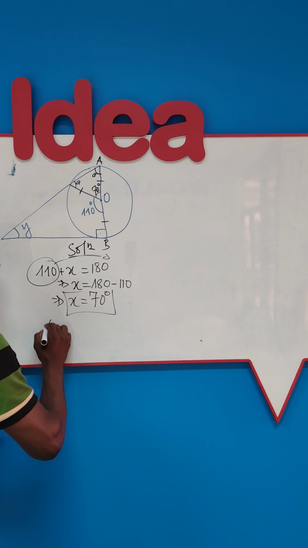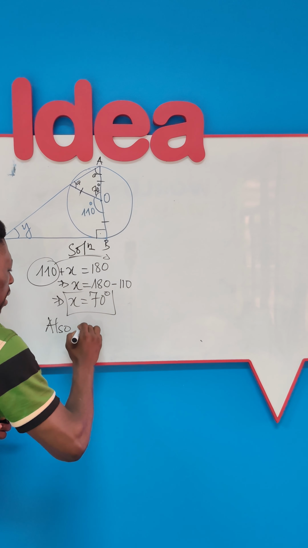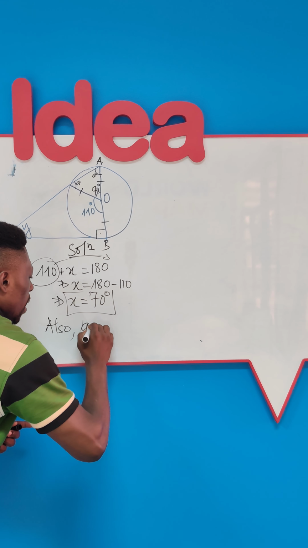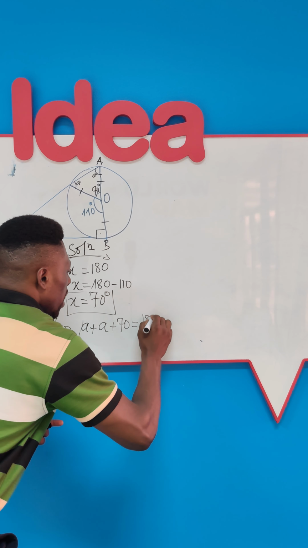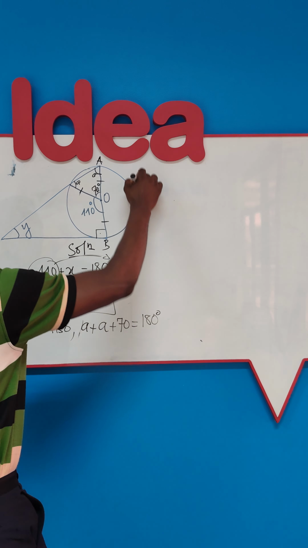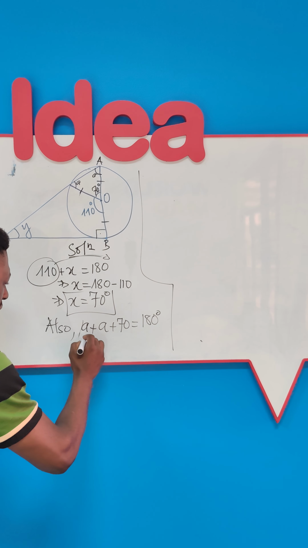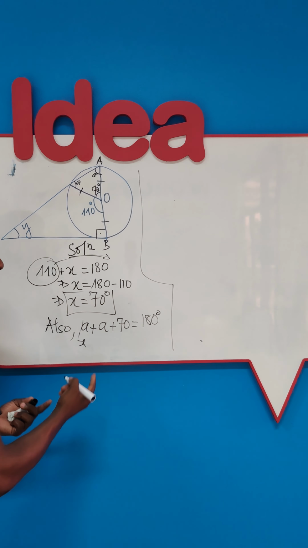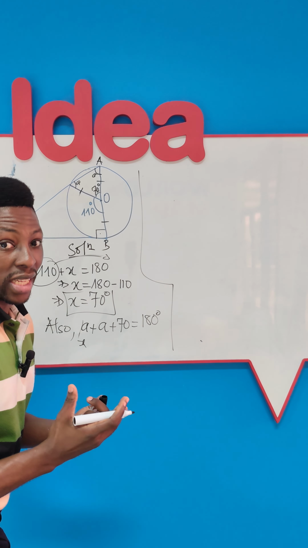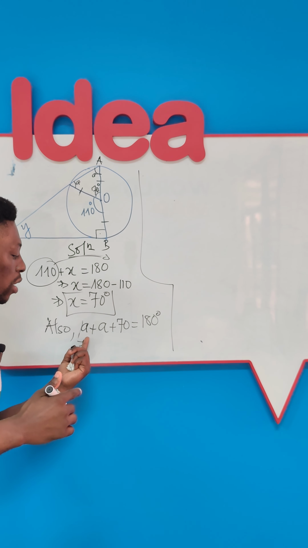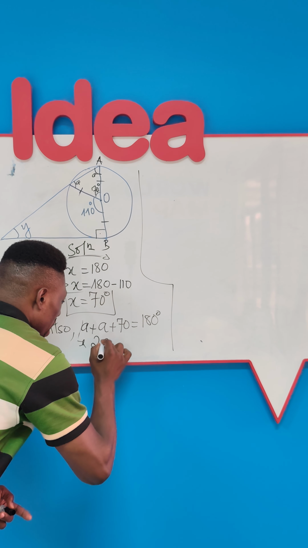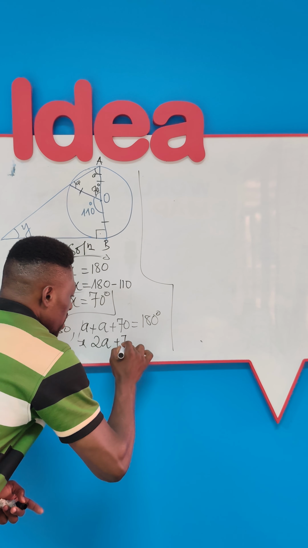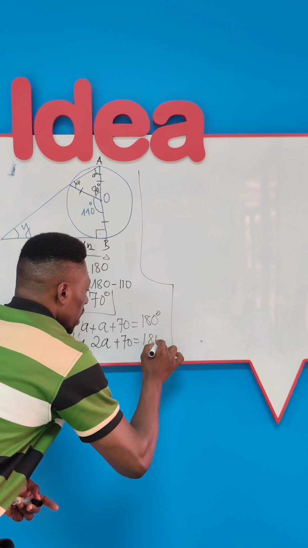So we would say also A plus A and then plus 70 should give us 180 degrees, all right? So if you're okay with this, what is A plus A? It's not A squared, dear friends. It's 2A. A mango plus another mango, two mangoes, okay? So this gives us 2A plus 70 is equal to 180 degrees.